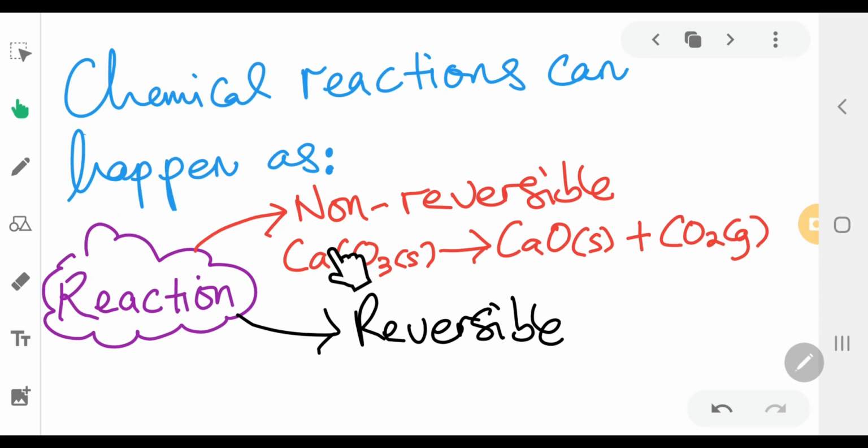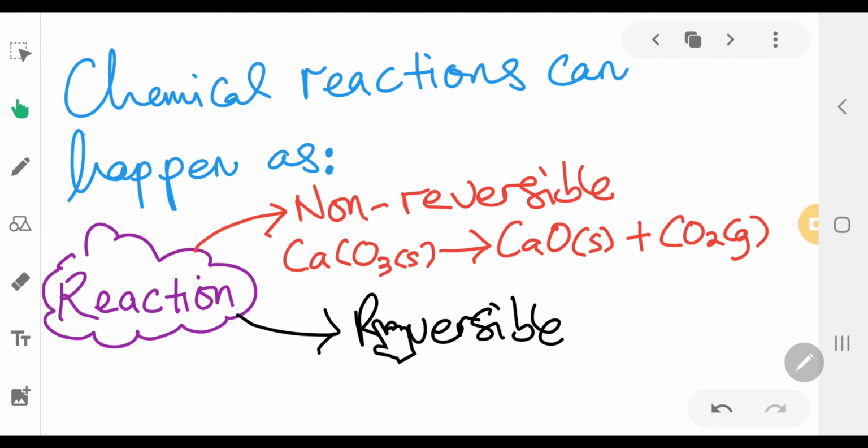So that's why this is a very good example of a non-reversible reaction. You can say that at your secondary school level, or maybe before you've reached this topic, quite a lot of reactions, if not all of them, will be non-reversible reactions, okay?